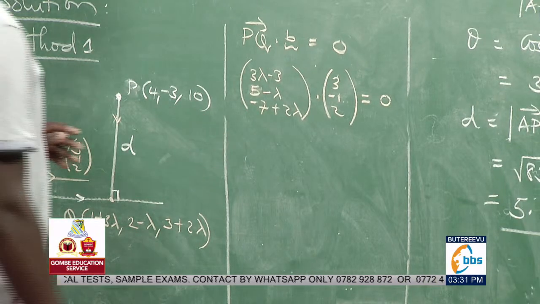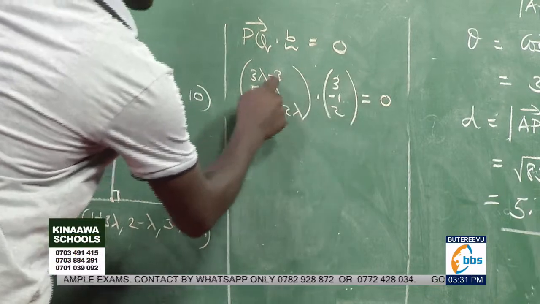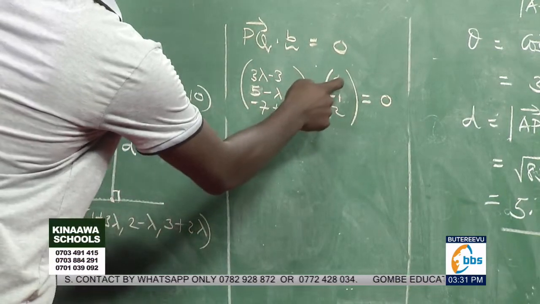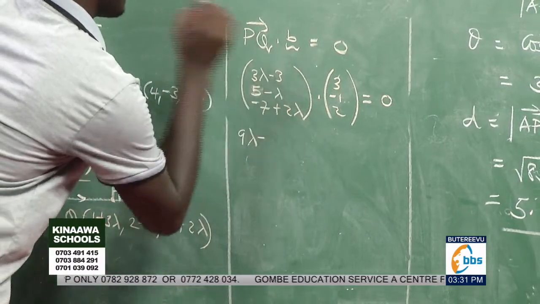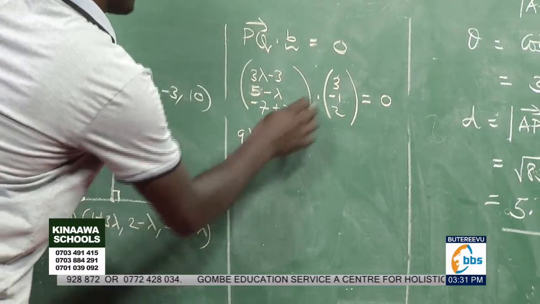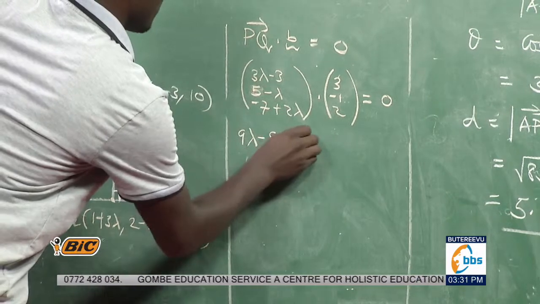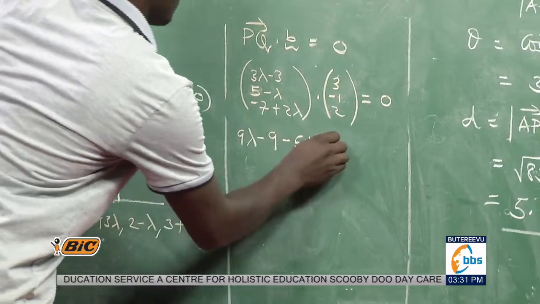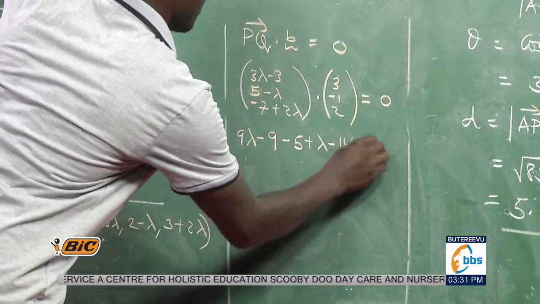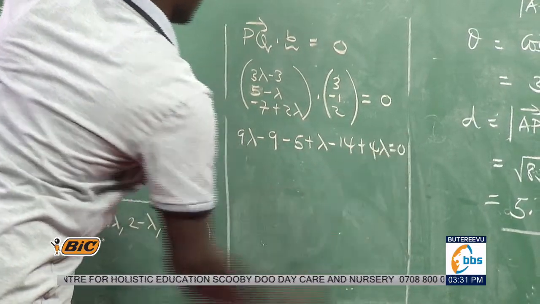I think everything is okay. So we will have 3 times this gives us 9 lambda minus 9, and then -1 times that is -5 plus lambda, and then 2 times that is -14 plus 4 lambda, equal to 0.